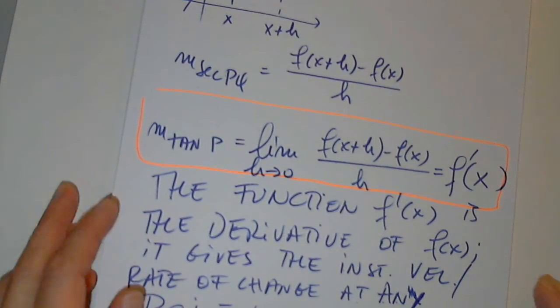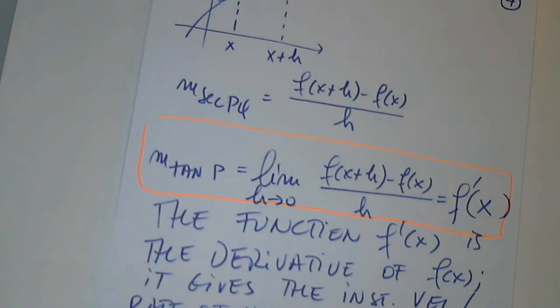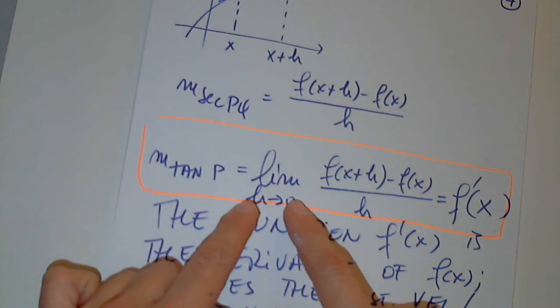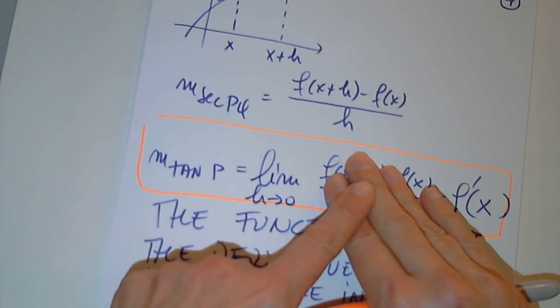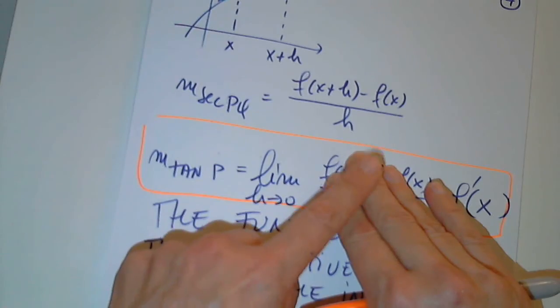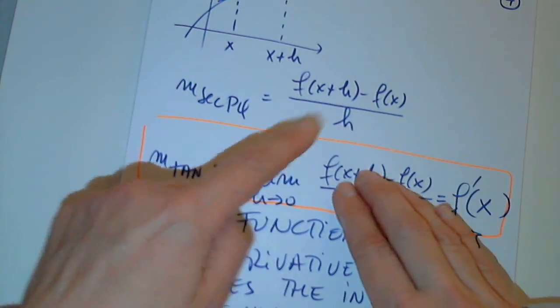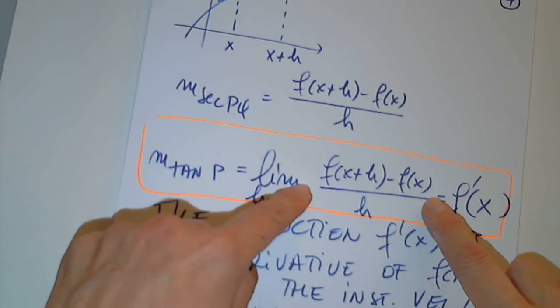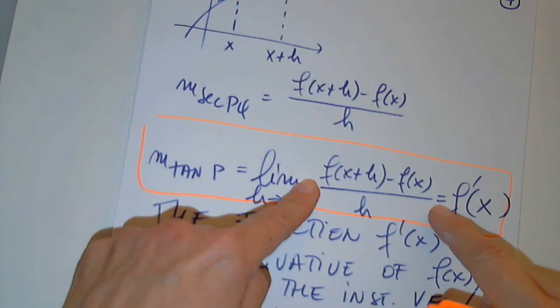And we only have one definition for the derivative of a function. Carved in stone. Just the limit as h approaches 0 of what?